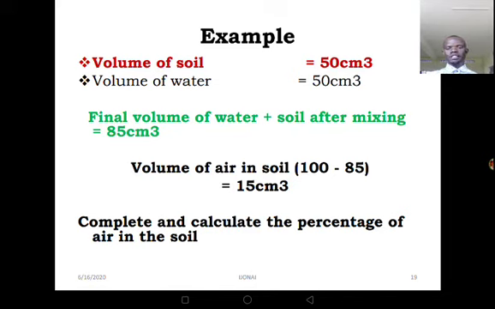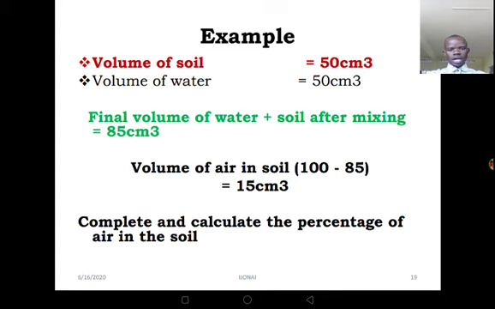So because the expected volume was supposed to be 100 cubic centimeters, but the final volume of water and soil after mixing is 85, the volume of air in the soil is 100 minus 85, which gives us 15 cubic centimeters.